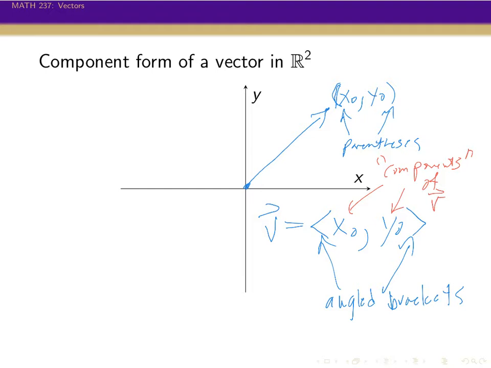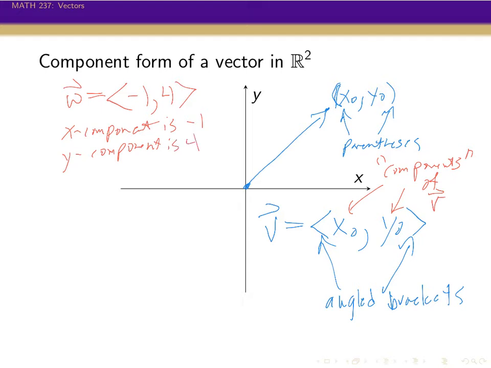Okay. And if I have some vector, let's call it vector w, let's say that it is ⟨-1, 4⟩. And so we'd say its x component is -1. Its y component is 4.